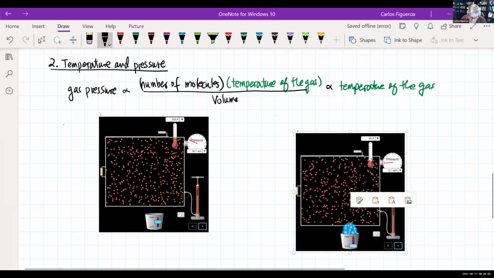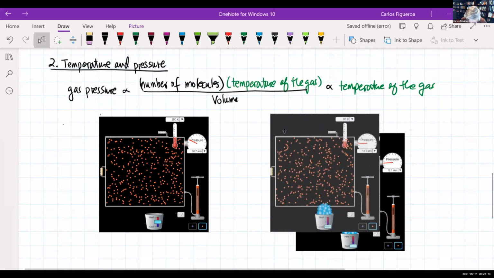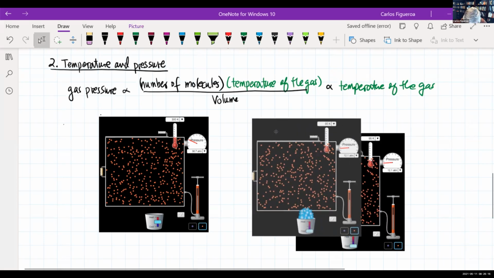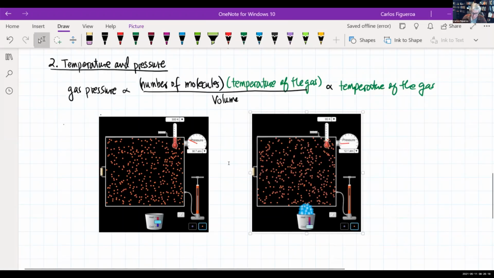So what are we really looking at in this case? What am I seeing between these two cases? The first thing you want to pay attention to is this one right here, and this one.